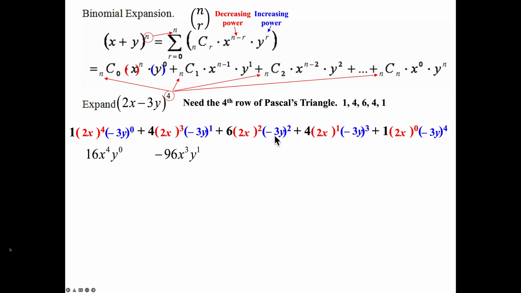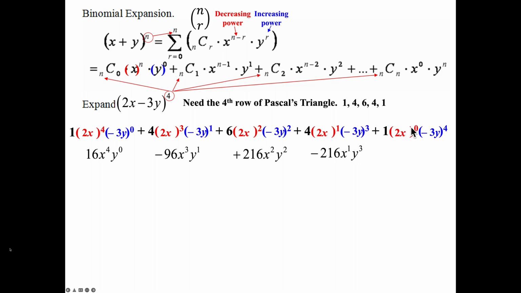If you need your calculator, go get your calculator. All right, so that, I believe, is 216 x^2 y^2. Then we're going to have 4 times 2 to the first, negative 3 to the third power, well, that's negative 27. Negative 27 times this 8 is a negative 216 x^1 y^3.